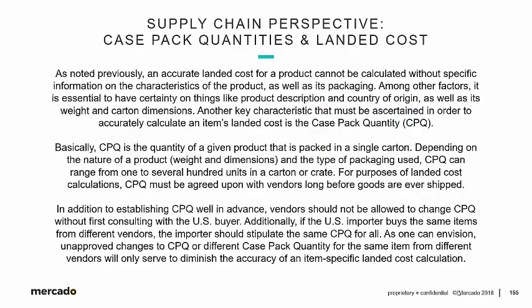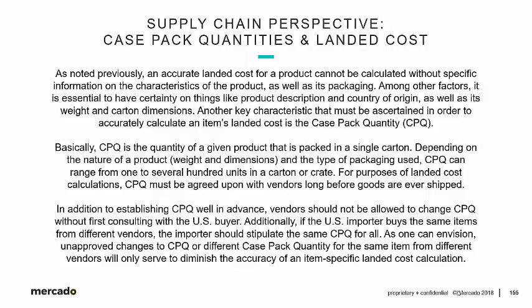Let's put up a supply chain perspective that analyzes this whole idea of case pack quantities and landed cost, CPQ as we've called it. As noted previously, an accurate landed cost for a product cannot be calculated without specific information on the characteristics of the product as well as its packaging.